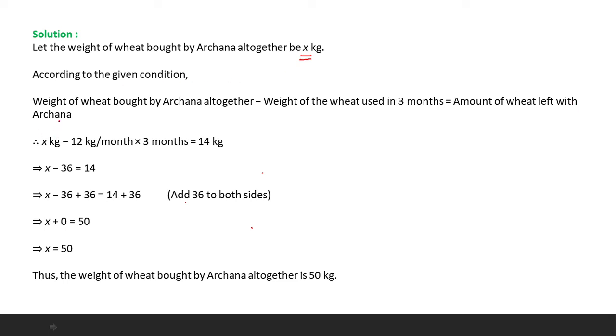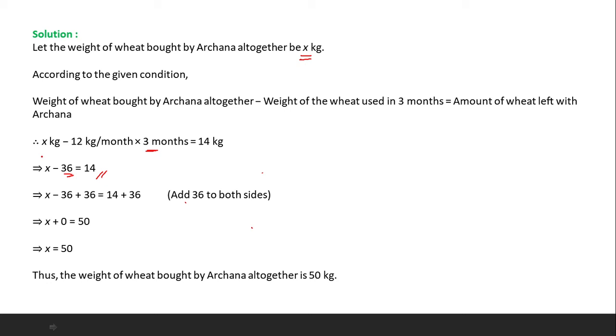We assume she has bought X kg of wheat. Out of that, she has used 12 kg per month for 3 months, so in 3 months it will be 36 kg. So X minus 36 will be equal to 14.